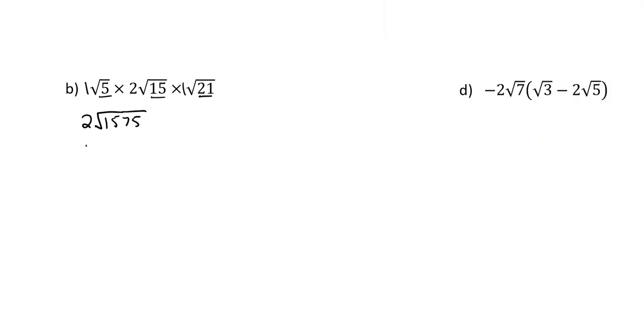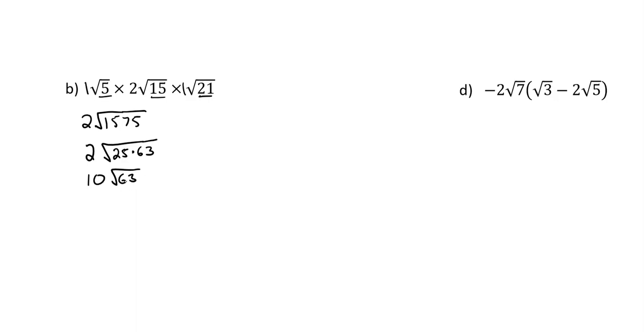I'm going to rewrite this as 2 root 25 times 63. Now I have a perfect square times some other number. So this 25 gets to come out as a 5. But when it comes out, it's multiplied with the 2 that's already out there. So this now becomes 10 root 63.